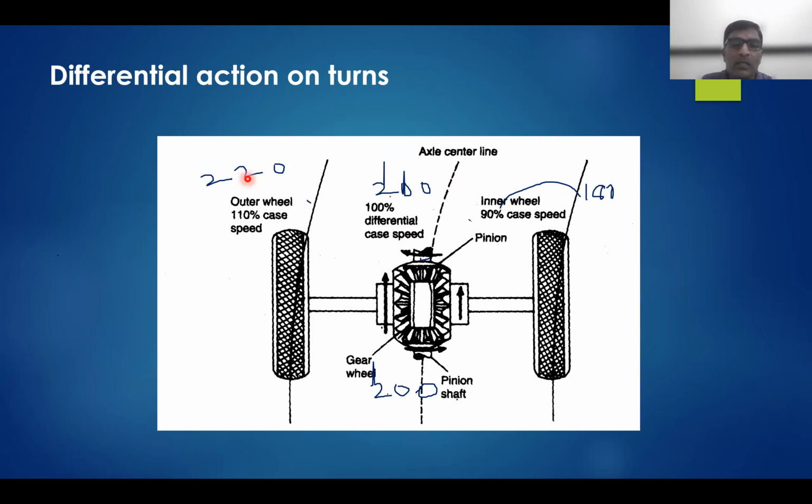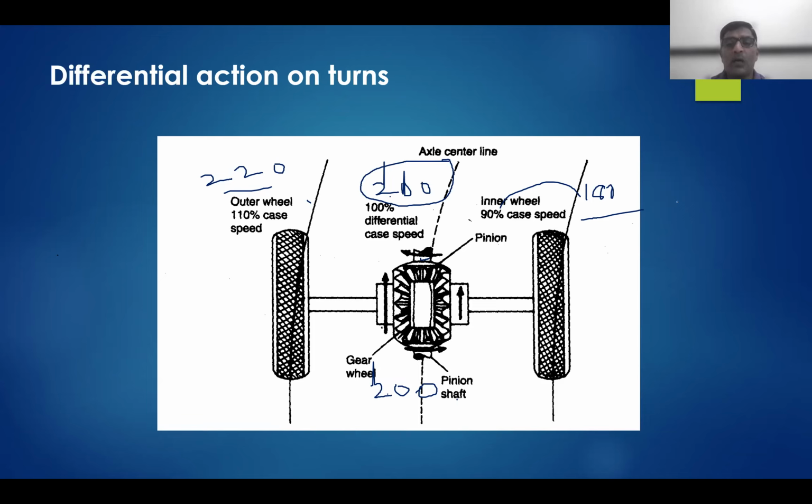Now, if we consider the average of these two speeds, what do we get? 220 plus 180 is 400, divided by 2, we get 200 RPM, and that is nothing but the differential cage speed. So whatever speed is available at the cage, that we are providing to the wheels, and that in a relative manner.